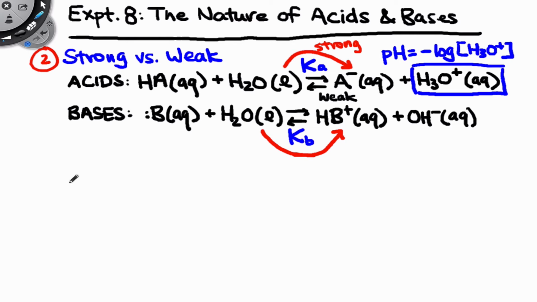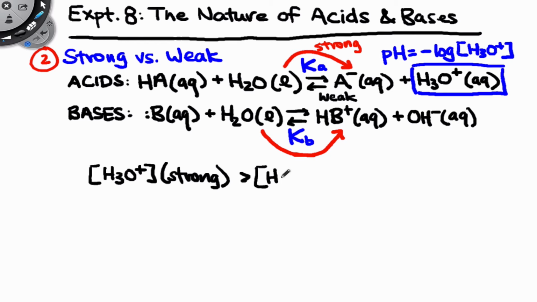For now, the important point I want to make is that if you think about the difference between a forward arrow and these reverse arrows, you'll realize that the concentration of H3O+ for a strong acid at some concentration is going to be greater than the concentration of H3O+ for a weak acid at the same concentration.